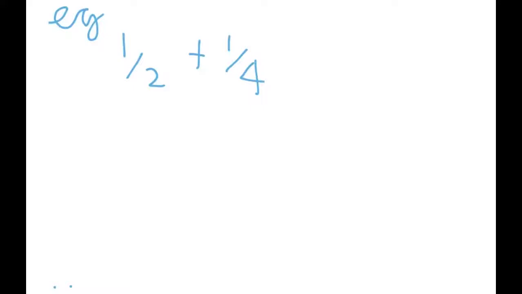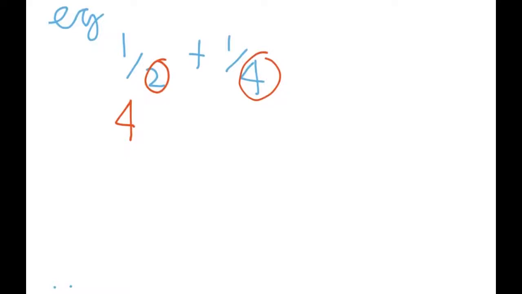In this case, we've got a denominator of 2 and a denominator of 4. Now, what can I do here? Well, I can change that 1 over 2 in that I can multiply both the bottom and the top by 2. So if I make the bottom into 4, then how do I get to 4? Well, 2 times 2 is 4.